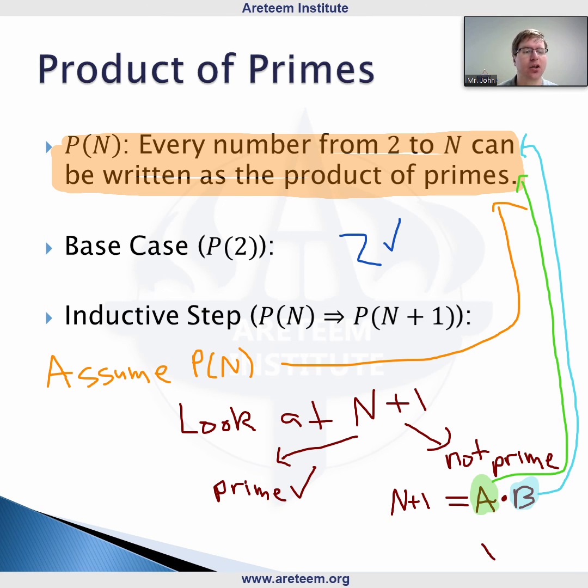You might need to write out a little bit more detail here, but that means we are done as well. That is our inductive step: if we already have a bunch of prime factorizations, the next number we come across either is prime, so it has its own new prime, or it's built up of things we've already shown are written as the product of primes, and that completes our proof.